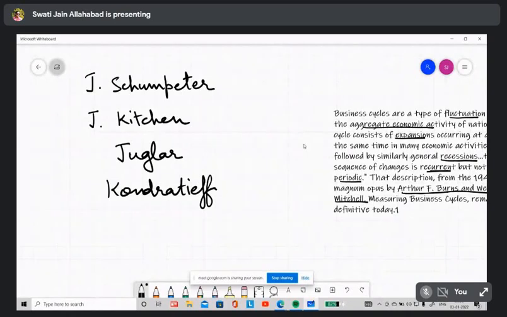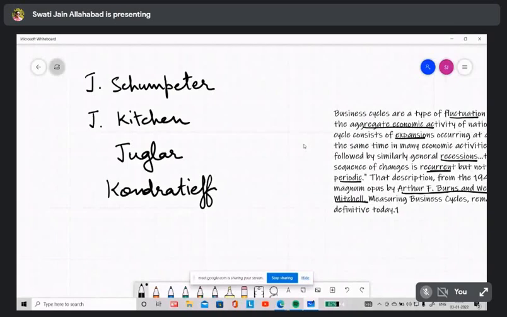From the 17th century, they were trying to identify how economic activities have moved. So these are the four different economists, and there are four different types of cycle known by these people. Okay.